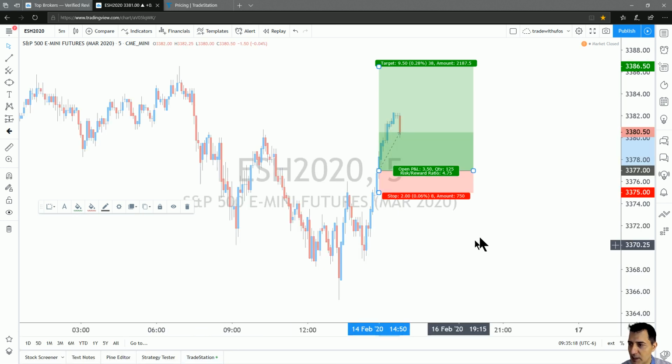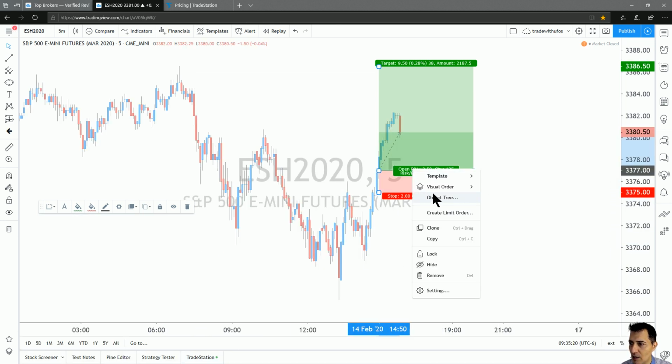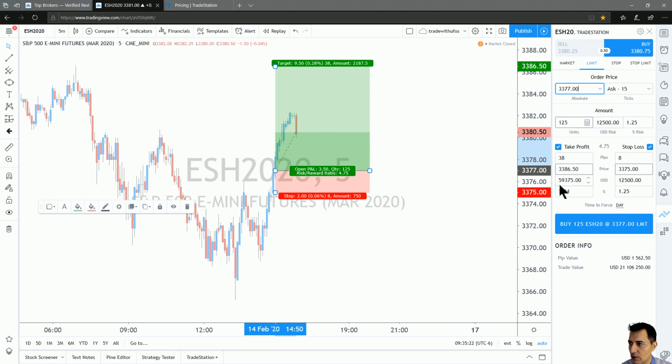Now I will move this down, and from here I would be able to create a limit order. Notice how it's bringing this to a bracket order on the left, where if I click buy, this is going into TradeStation. So it's very visual on how you could share your trade with others, but also execute from the charts in a way that in my mind is better than dragging lines up or down.